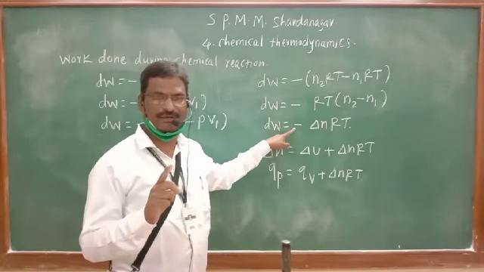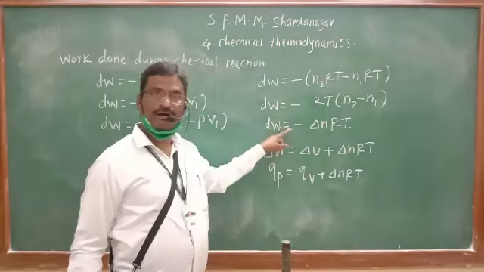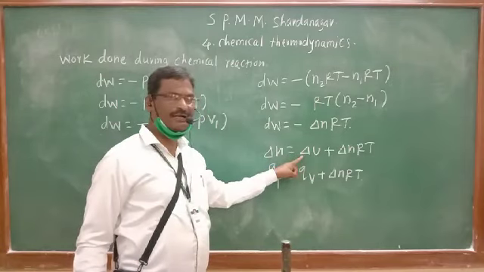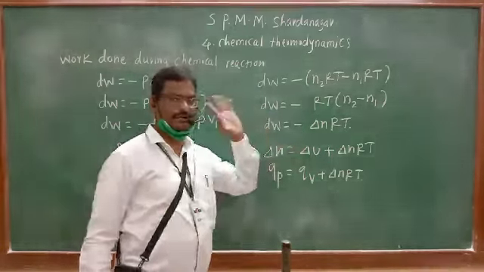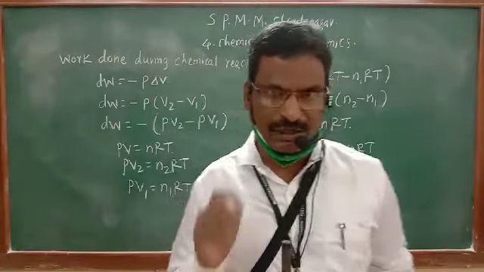This is important, in order to calculate the work done or in order to find out the relation between delta H and delta U, positive and negative. Now that is there about these two equations.